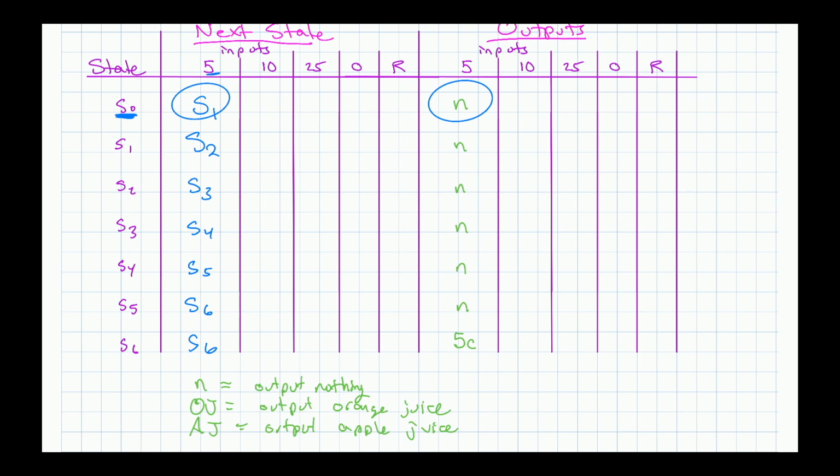So then you do the same thing for what happens if you put in 10 cents at a time. If you're in S0, 0 cents, and you put in 10, you're going to go up to 10, which is state 2. And then if you are in state 1, 5 cents, and you put in 10, you're going to end up at 15.